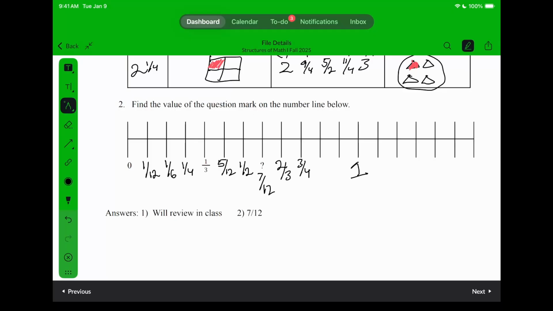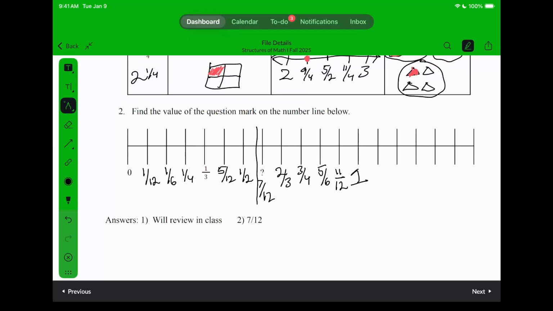And then 4/4. 10/12 divided by 2 is our 5/6. And then 11/12. So that's all the numbers filled out. And then this right here is our final answer. It's 7/12.